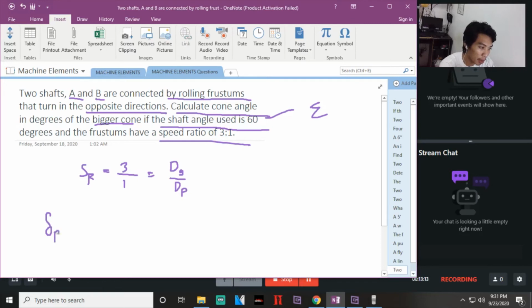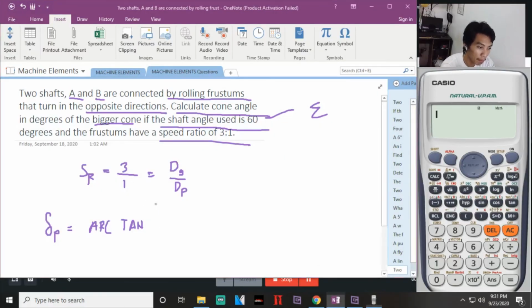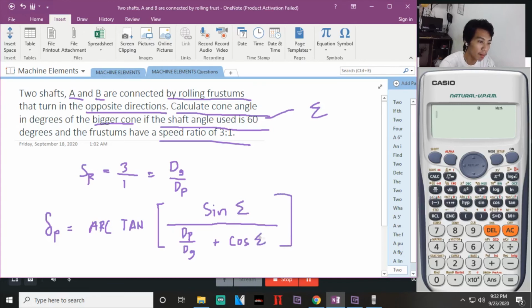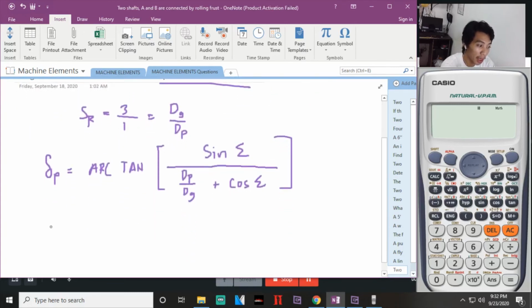Yung cone angle ni pinion is equal to arctan, sine sigma, that is the shaft angle, over yung SR, dapat pinion over gear, DP over DG, plus cosine shaft angle. Paano natin pipindutin sa calcu, para diretso na in degrees?